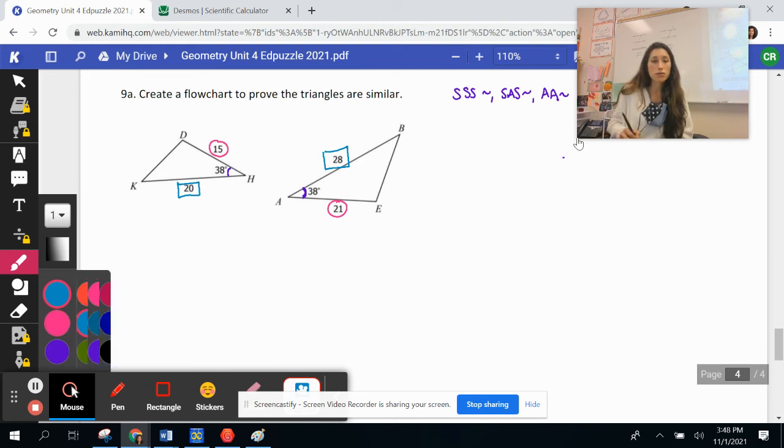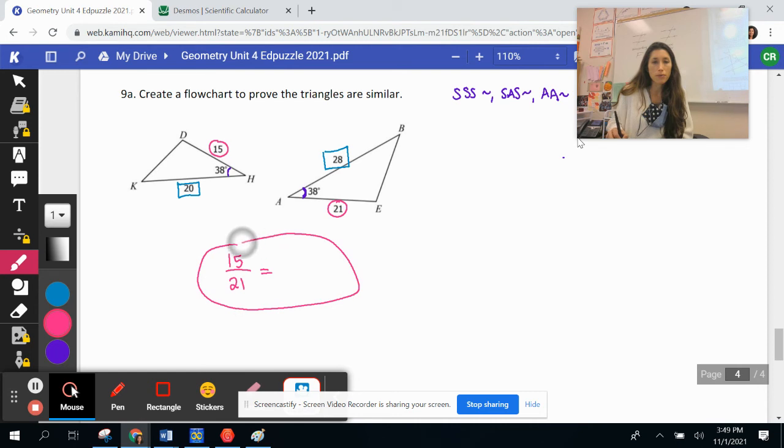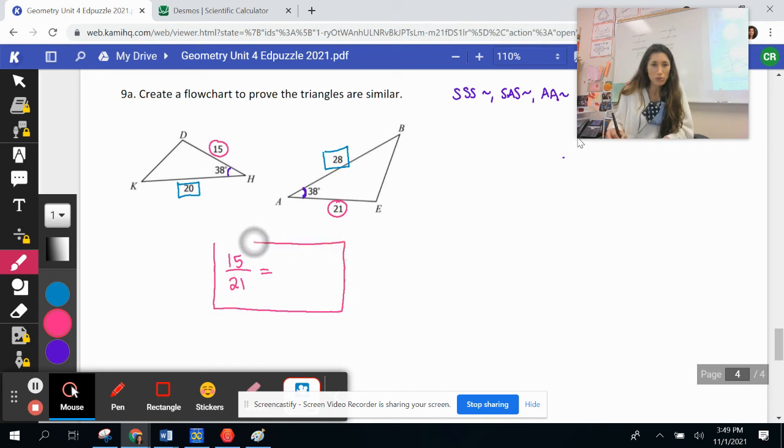I'm going to do the 15s with each other first. So 15 over 21. Let's simplify that. Let's see what that equals. We'll put that in a bubble. You can do a box or you can do a circle. I'll do more of a box here. Might look a little bit better. There we go. This is one piece of evidence.